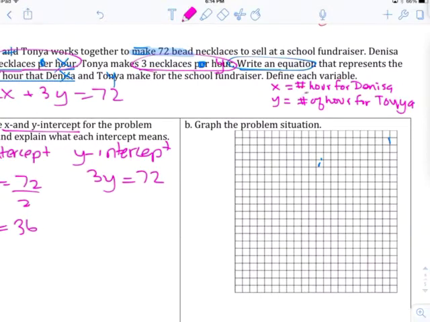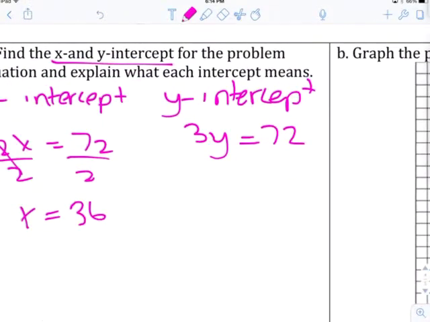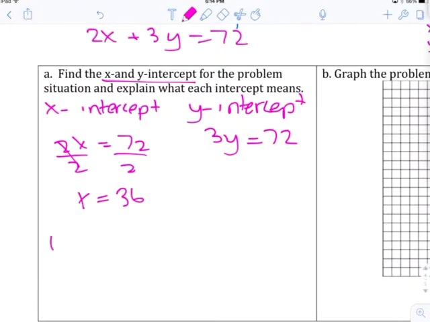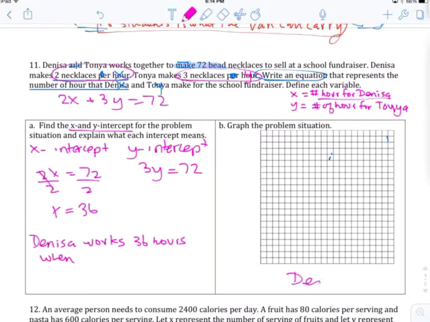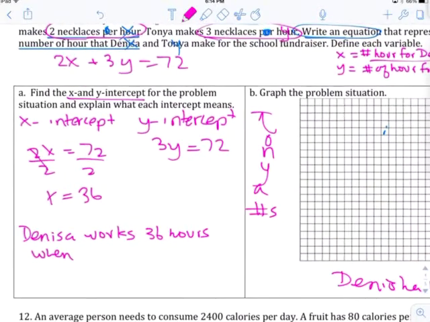X represents hours of Denise. So Denise works 36 hours when the other person is at zero. X is Denise, Y is Tanya's hours. When Tanya works 0 hours.